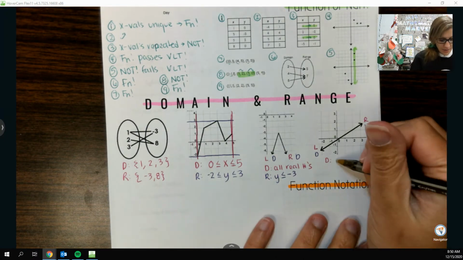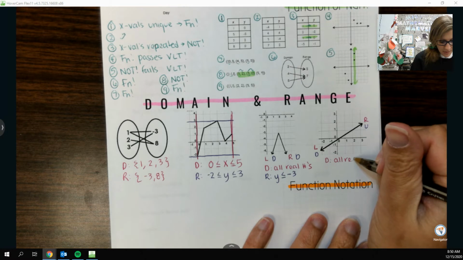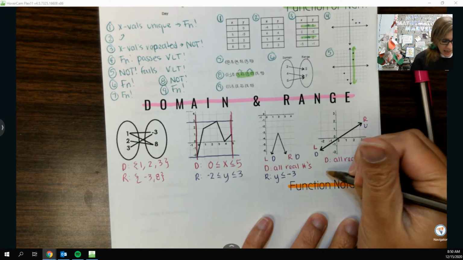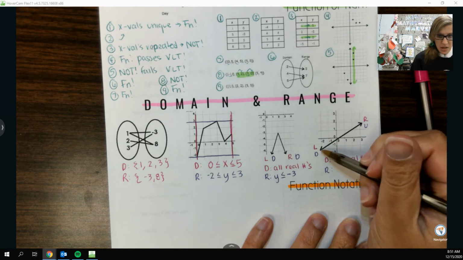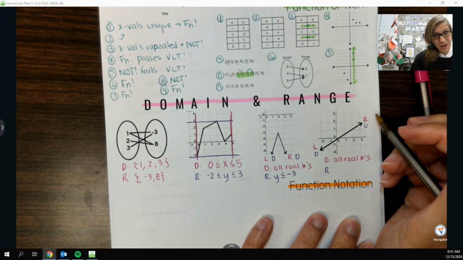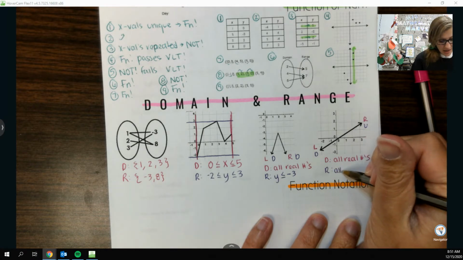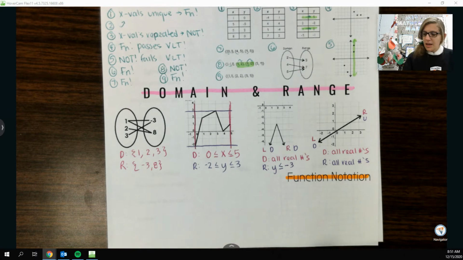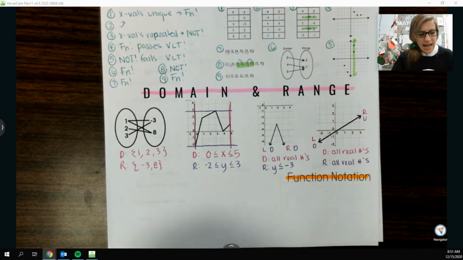So that's all real numbers. And if I'm thinking about range, range is up and down, and this graph is going down forever and up forever. So that's all real numbers. Okay, on to the next.